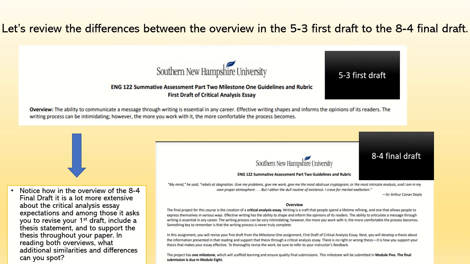I have labeled here at the top what the 5-3 first draft overview looked like. And as you can see, it looks a lot shorter than the 8-4 final draft. And I'm not going to go through and read everything. I just want to point out some key differences for you. I do want you to go and read the overview on your own, but big things to note in terms of changes.